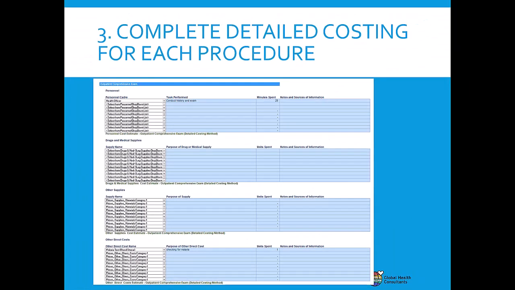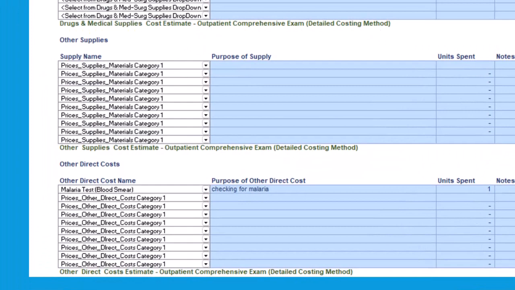Let's take a look at what those detailed costing worksheets look like for each procedure. You'll see that you have the costing for personnel time, for drugs and medical supplies, for other supplies, and for other direct costs.